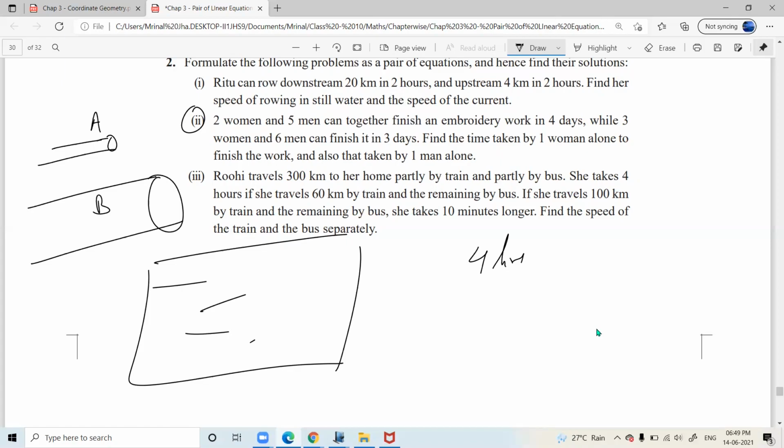The question could have been like that also. So prepare your mind that it doesn't matter whether it's a woman, a man, a boy, or pipe A or pipe B, the situation will be similar. 2 different kinds of people or 2 different kinds of things will be working together to complete some work. And it could be in days sometimes, like here in this case, and in some questions it could be in hours also. Okay.